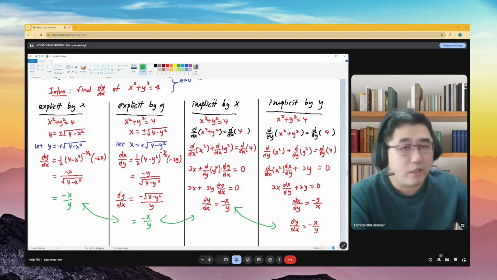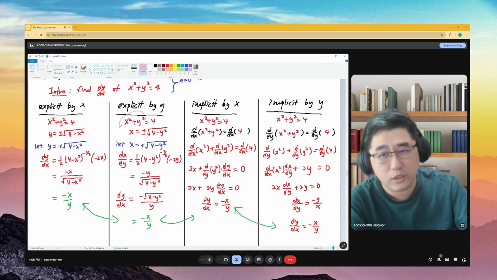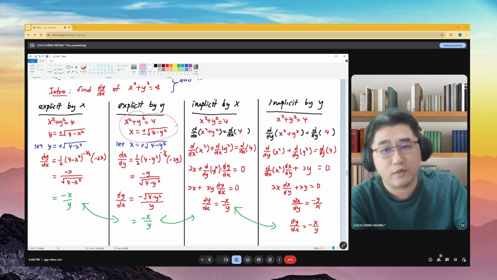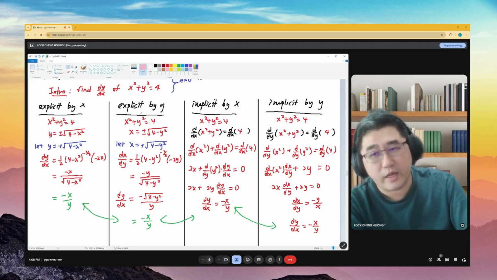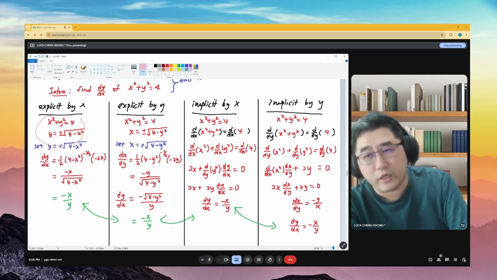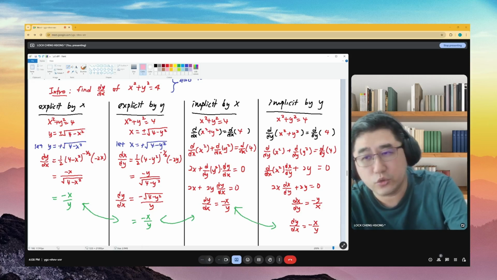Since they are all the same, why do we need to learn about implicit differentiation? It's because most of the time, the equation that we get cannot be rearranged by algebra. Maybe there will be questions where I'm not able to rearrange and write y as the subject. If I cannot do that, I cannot do it the usual way.